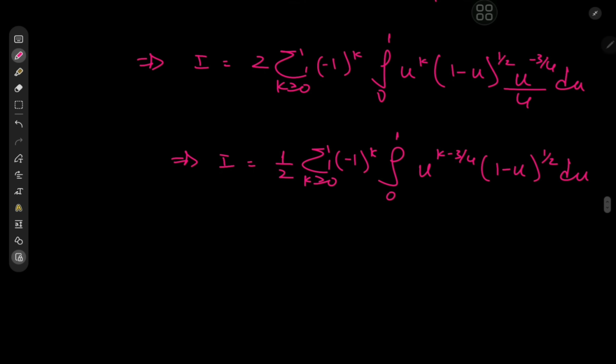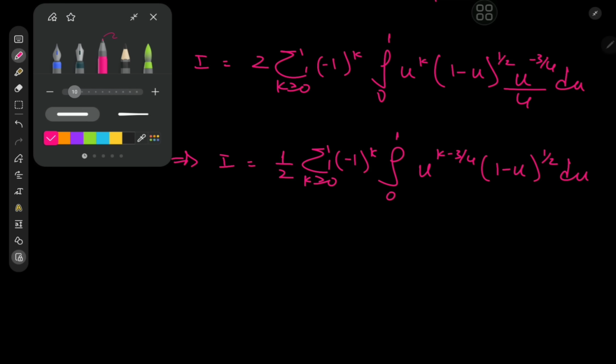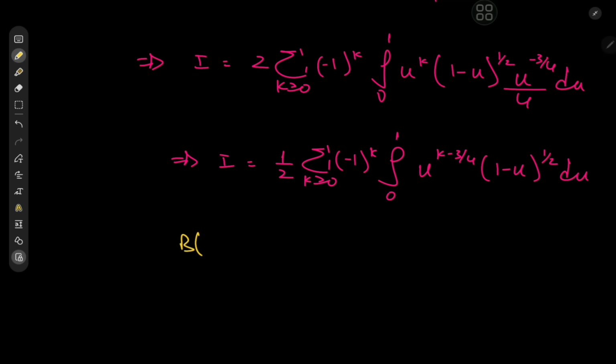And now it's time to employ the beta function again, but a different integral form of the beta function. In this case, we recall that the beta function with complex arguments x and y, because I'm already using u as a variable of integration, equals the integral from 0 to 1 of u to the x minus 1 times 1 minus u to the y minus 1 du.